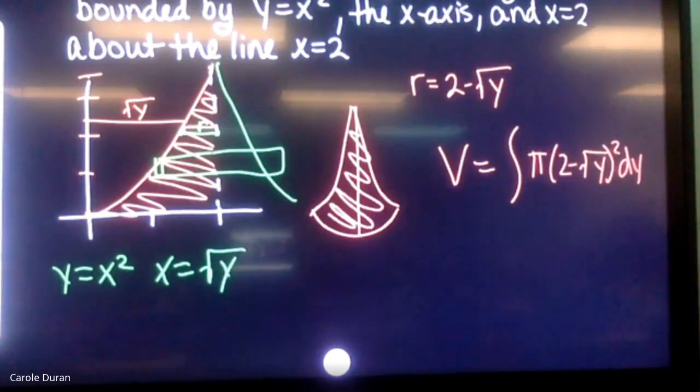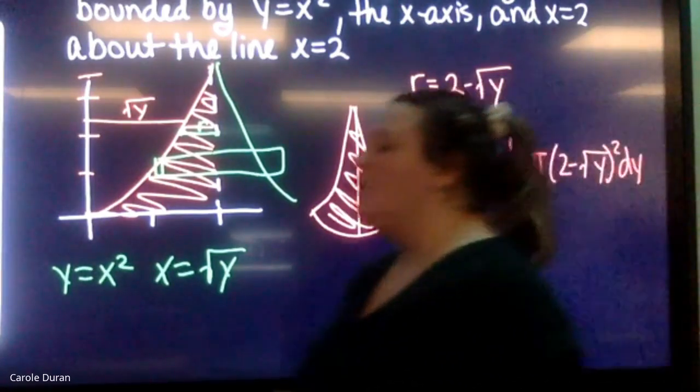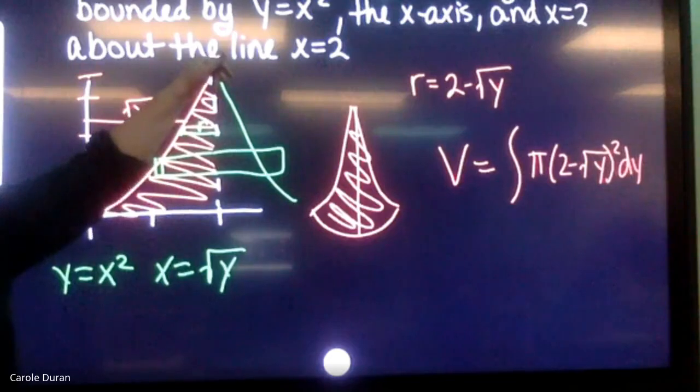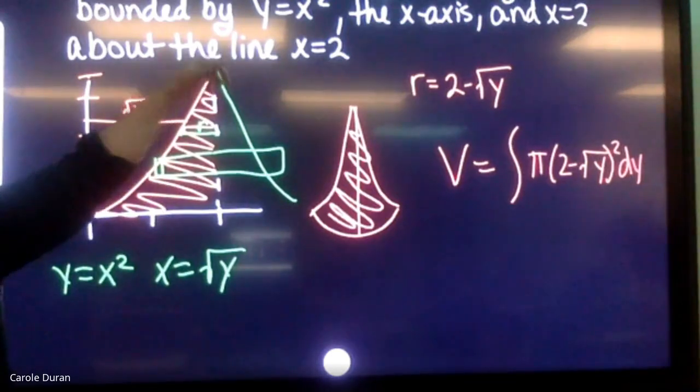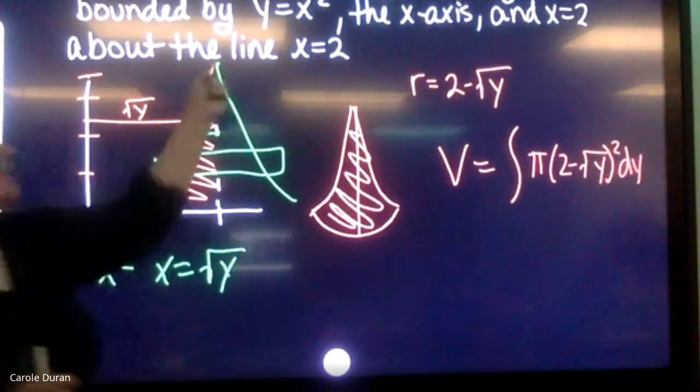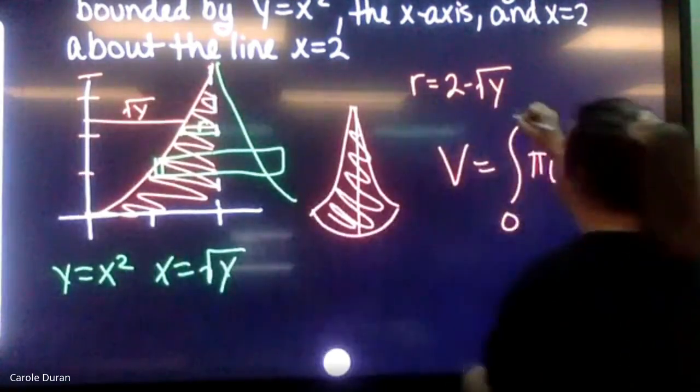Remember, we're in terms of y, so my integral bounds come from the y-axis. 0 to 4. How'd you get that? I looked at it. My graph started at 0 and ended at 4, which is where it intersected x equals 2. I could have just looked for the intersection. So it goes from 0 to 4 as my bounds.